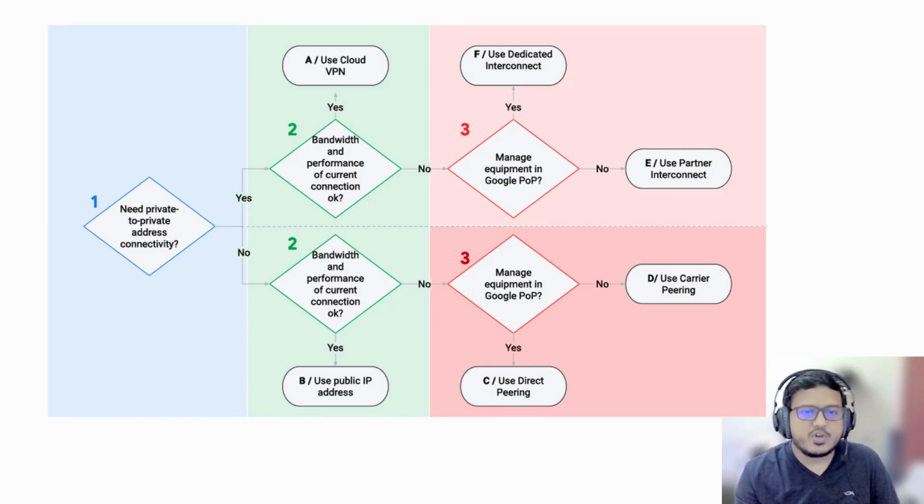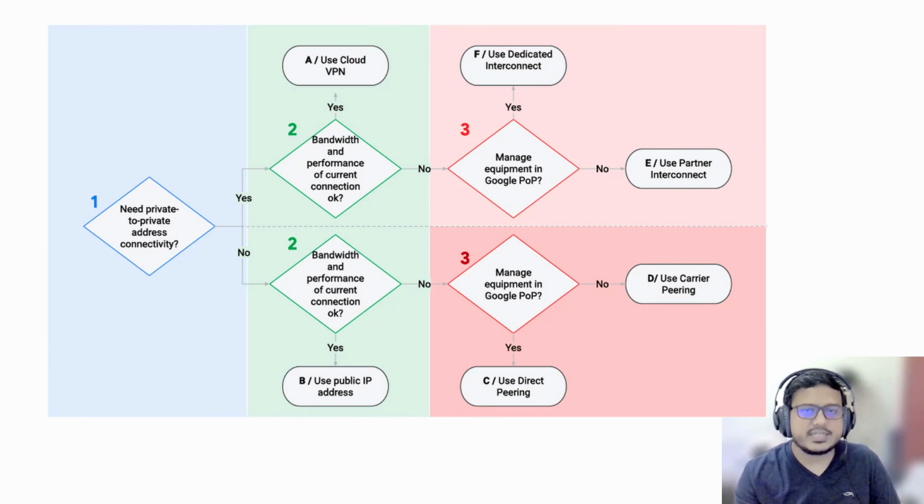One option is called Cloud VPN. The second option is called Cloud Interconnect, and the third is Cloud Peering. Each of them has different capabilities, use cases, and pricing. So based on that, you can make a decision on what suits your use case.